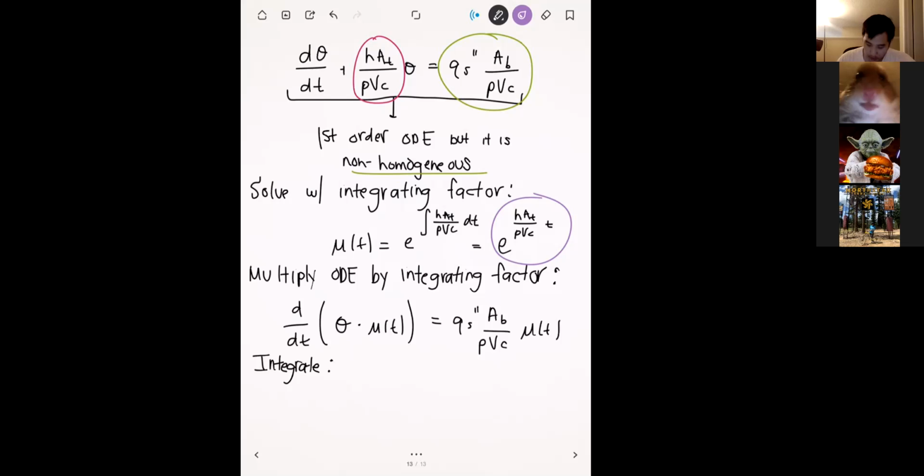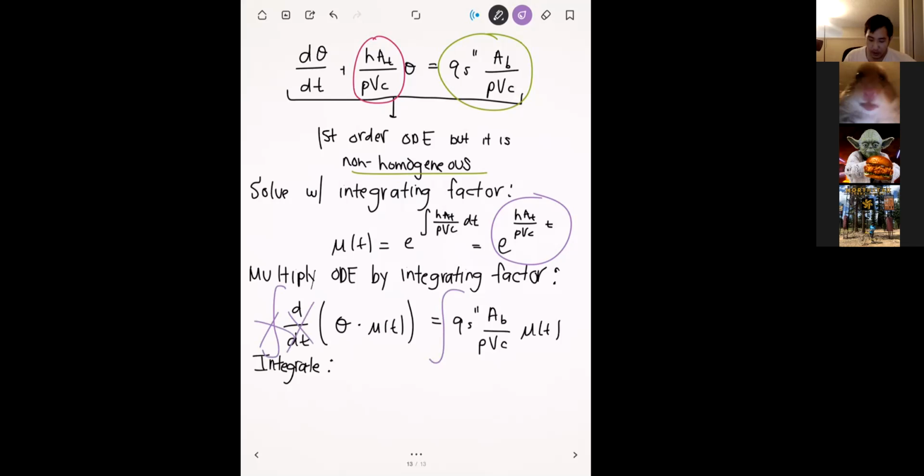Now that we have the equation in this form, we can simply integrate, because the left-hand side is a perfect differential, right? We have d dt of that stuff, so this integral and this d dt are going to cancel each other out.